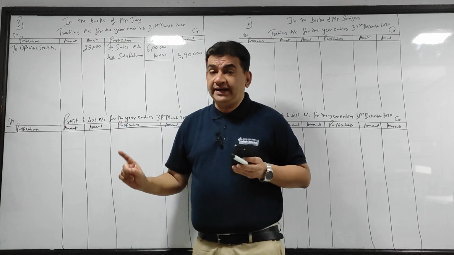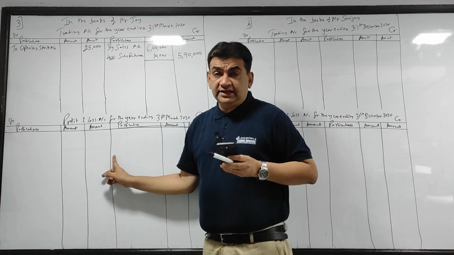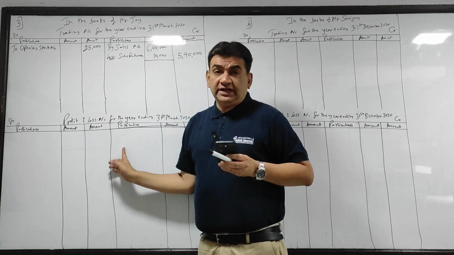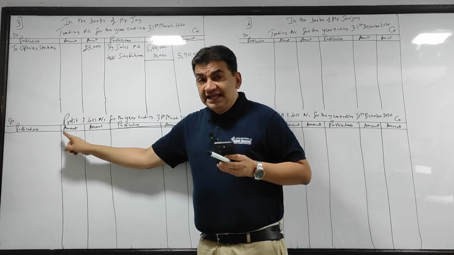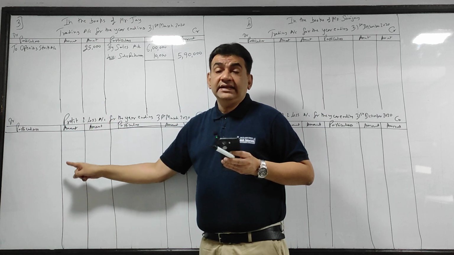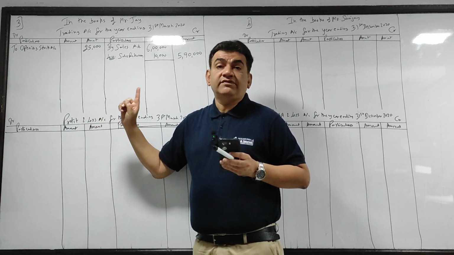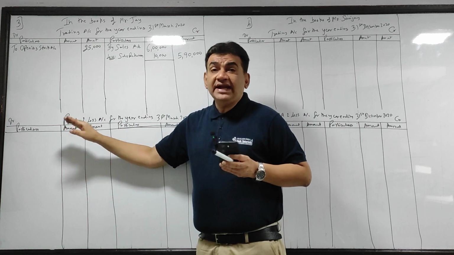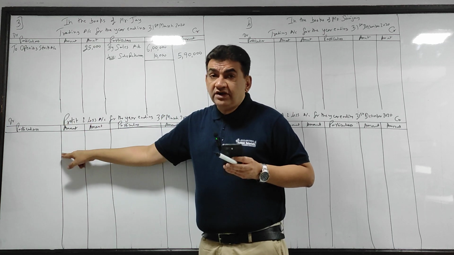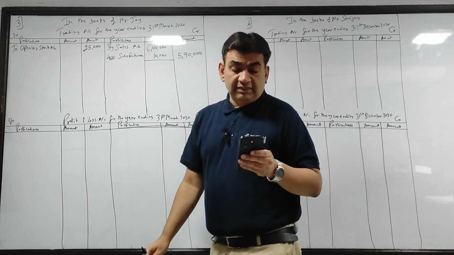Now listen before you write. Whenever you write the first item in P&L, let it be debit or credit, you will leave a line at both the sides and then write. Why? You will come to know after 10-15 minutes. So whenever you write anything on the debit side of P&L or credit side of P&L, एक line छोड़ देना, बाद में लिखना.